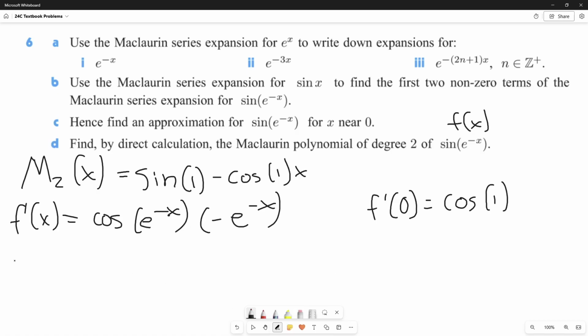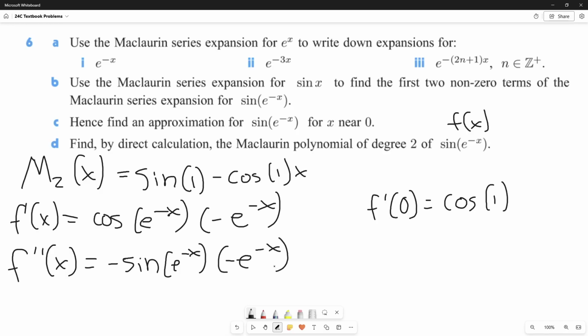And then now we need to find f double prime of x, which is negative sine of e to the negative x times negative e to the negative x times negative e to the negative x again, so negative sine of e to the negative x times (negative e to the negative x) squared, plus cosine of e to the negative x times e to the negative x.